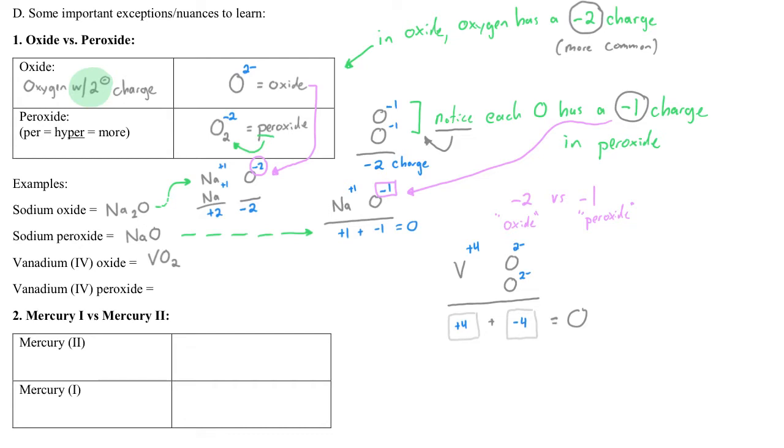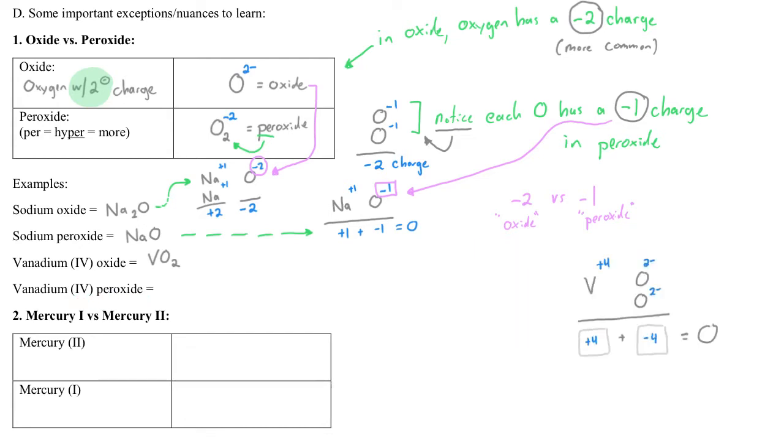What about vanadium 4 peroxide? Here we have to balance out our vanadium 4 plus with a -4 charge. How are we going to do that with peroxide ions? Well, if a peroxide is an oxygen atom with a -1 charge, that would mean we would need 4 of them. We need 4 of them because each one is -1 and we need 4 negative charges.